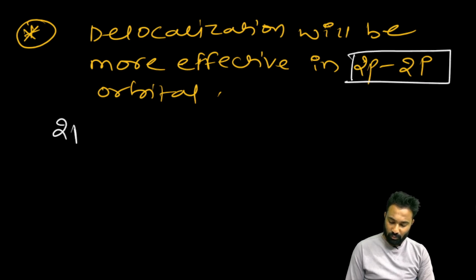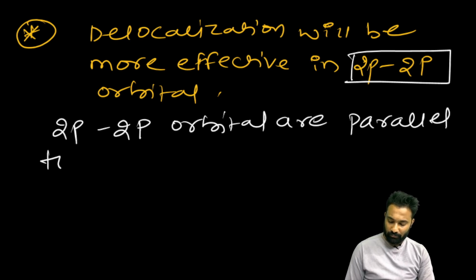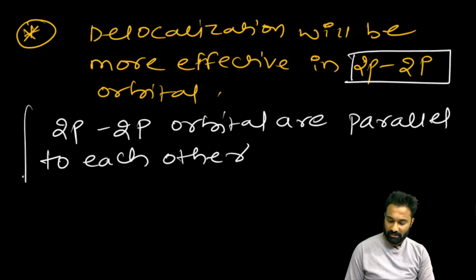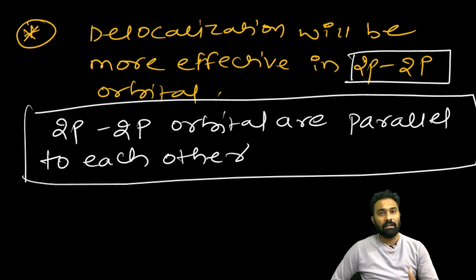Because these 2p orbitals are parallel to each other. That's the reason delocalization will be more effective. See now how the delocalization is more effective in these 2p orbitals. With the molecular models, I will explain very clearly.